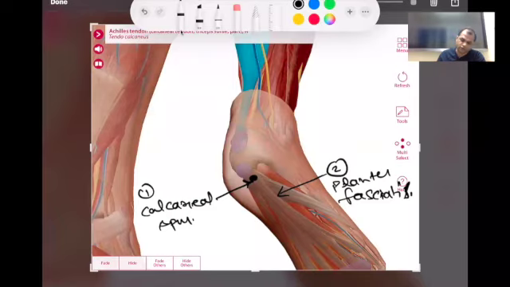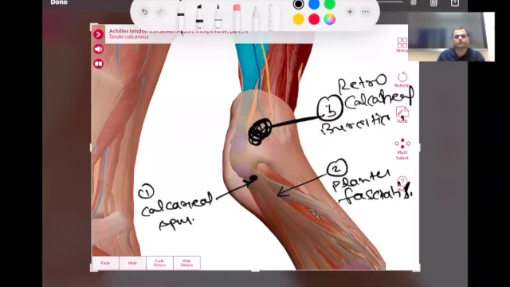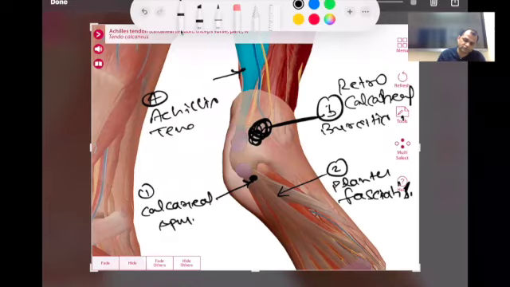The cause number 3 is the inflammation of bursa, called retrocalcaneal bursitis. Cause number 4 is tight tendon. So that is called Achilles tendinitis. So there are 4 causes.